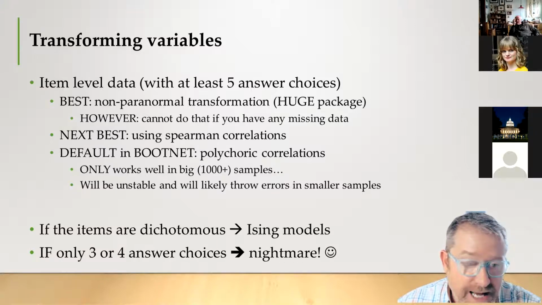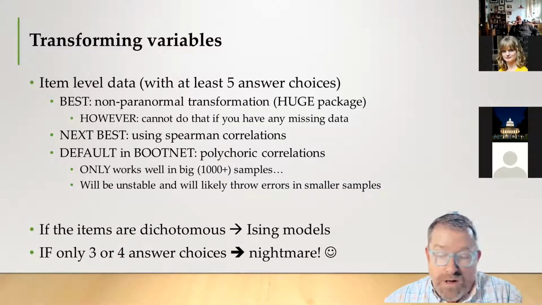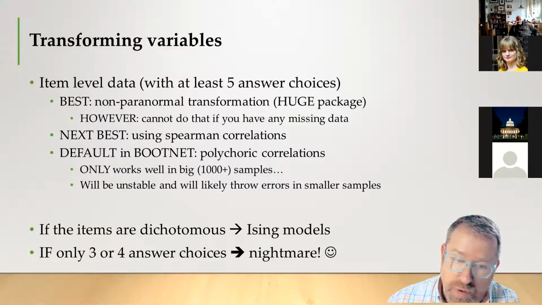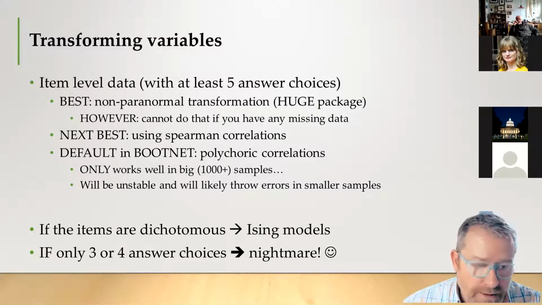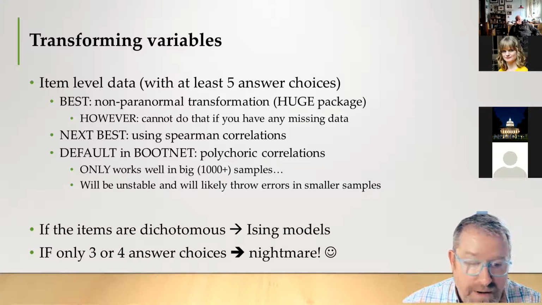The next best solution is to simply run Spearman correlations and estimate the partial correlation matrix based on a matrix of Spearman correlations. And that actually handles skew pretty well. In BootNet, it defaults to polychoric correlations, which are the most appropriate for ordinal data, the kind of data you would get from items.